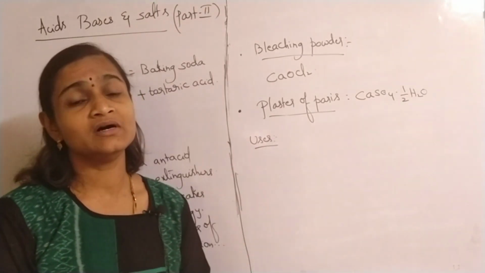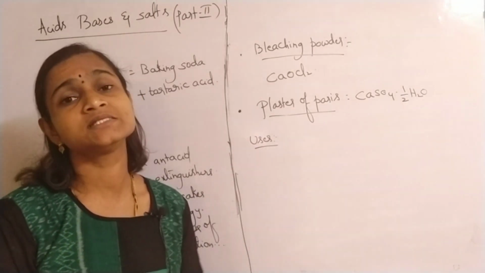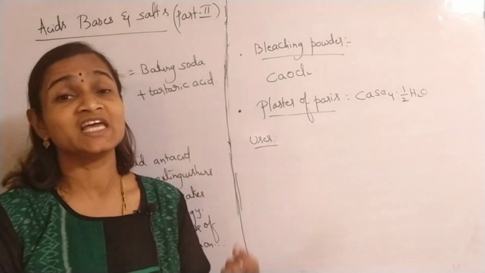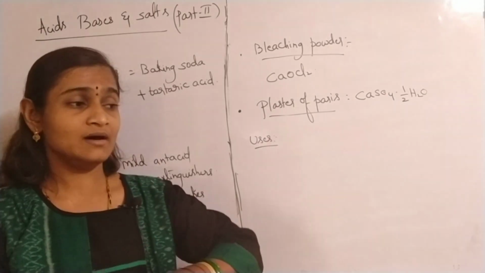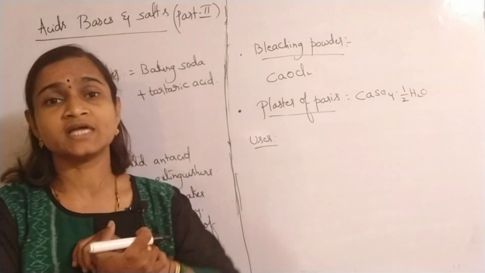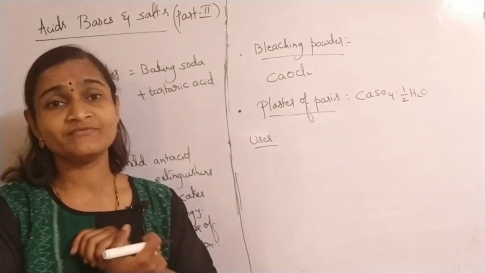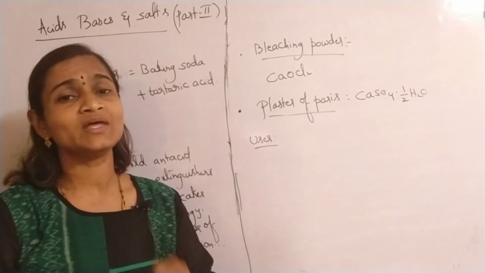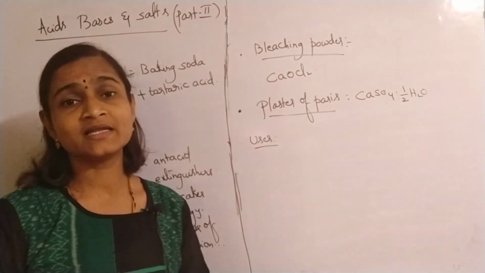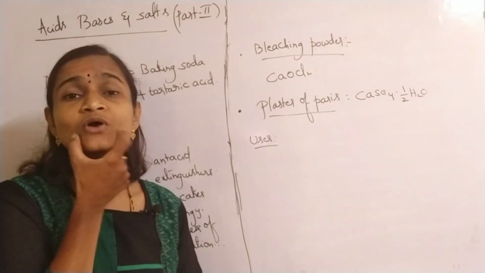You all are aware that plaster of Paris is used for making Ganesh idols, and for treating fractured bones and all. If any fractures are happening, fractured bones are treated with plaster of Paris in order to take molds for your jaws.